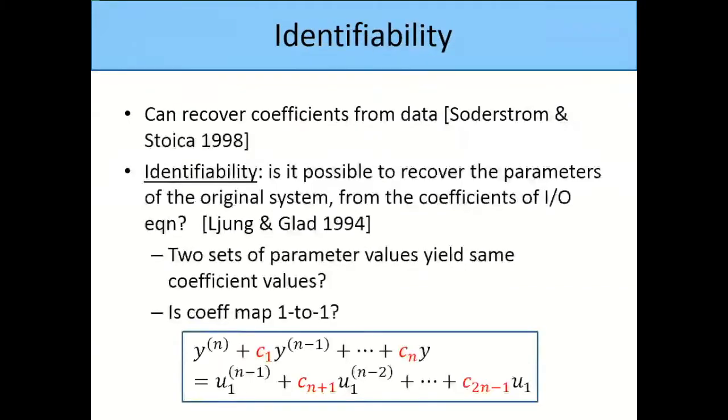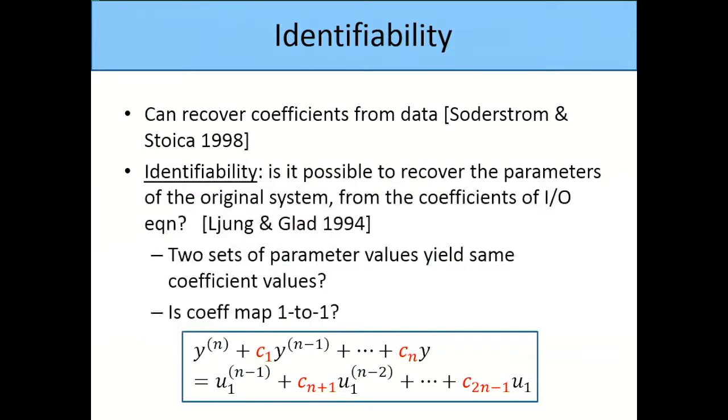Going back to the previous slide, the references that you gave, what is the purpose of the citations? So this idea of recovering the coefficients from the data: I think Soderstrom and Stoica talked about the idea of persistence of excitation of inputs.